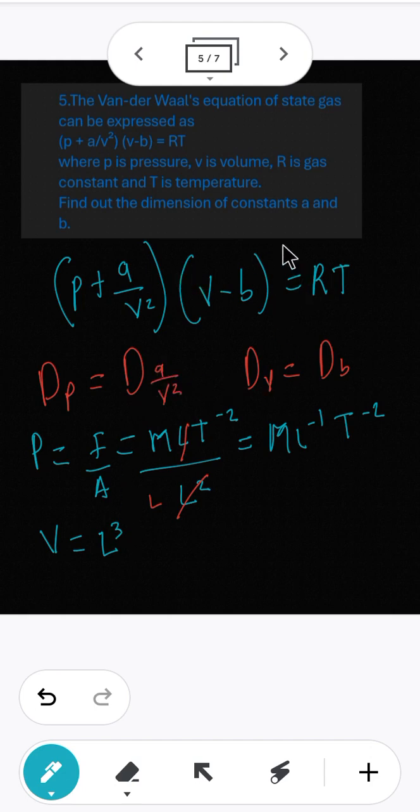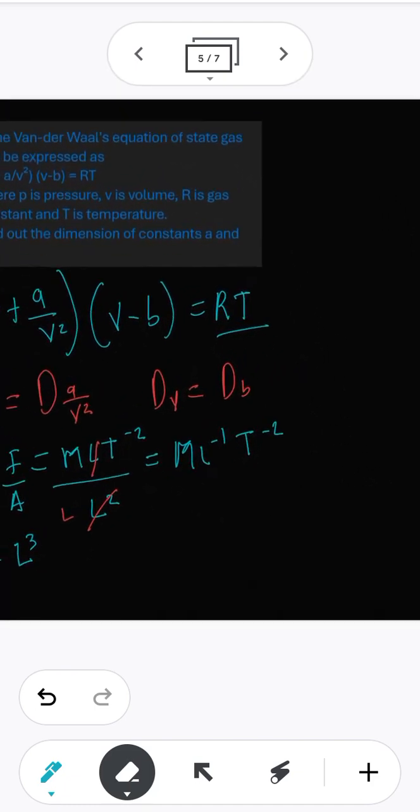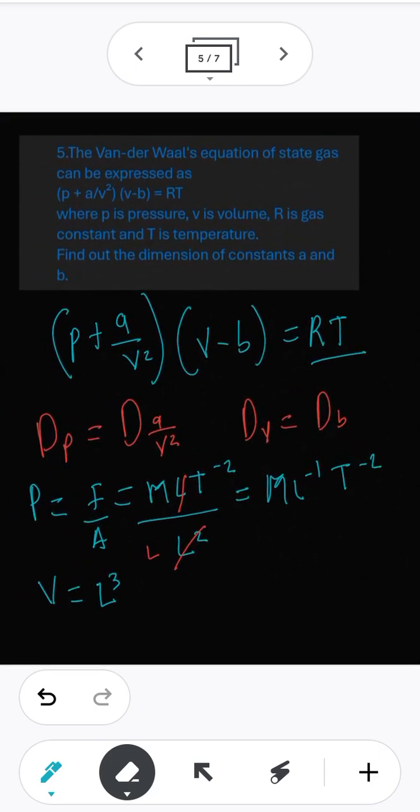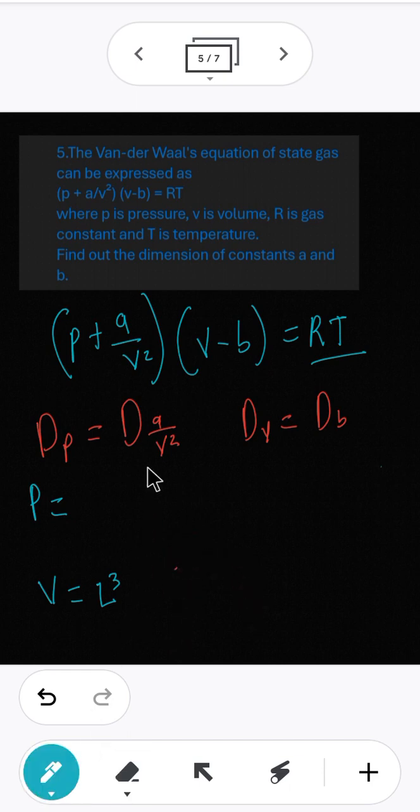For now, ignore these two, we're going to see why. So we just need these two, pressure and volume. So we have the dimension of pressure and volume.